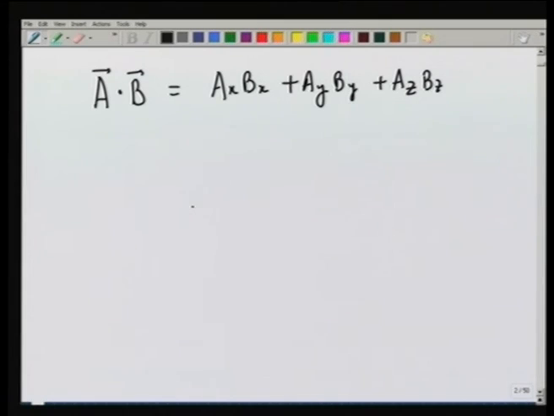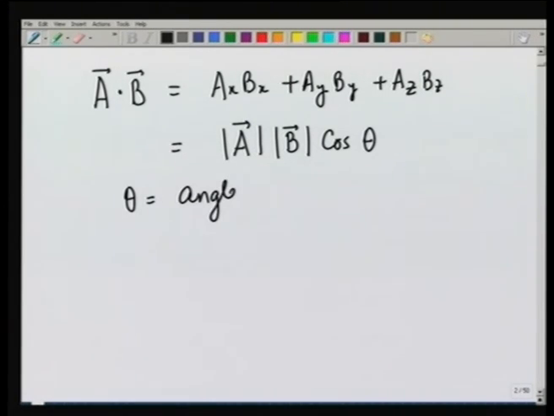This can also be written as magnitude of A times magnitude of B times cosine of theta, where theta is the angle between A and B, and theta is the smaller of the angle. So, theta is less than 180 degrees.